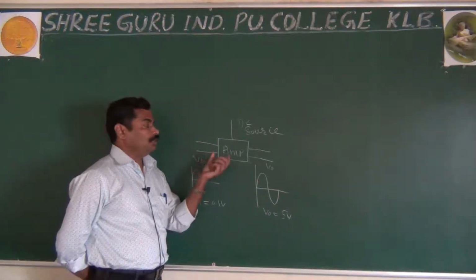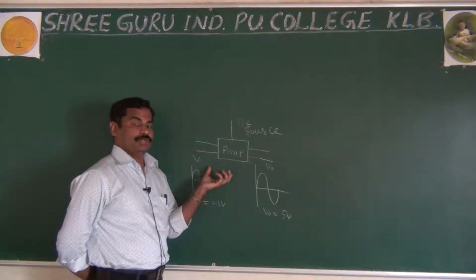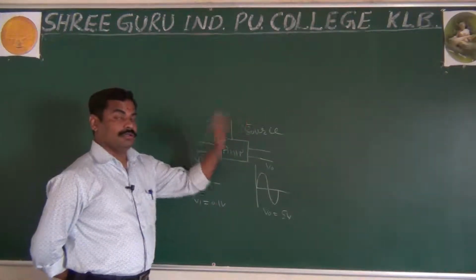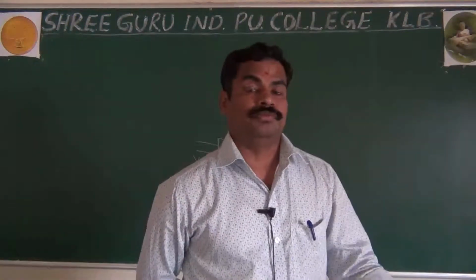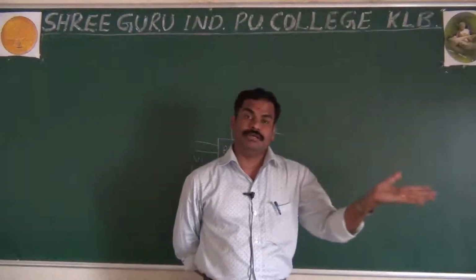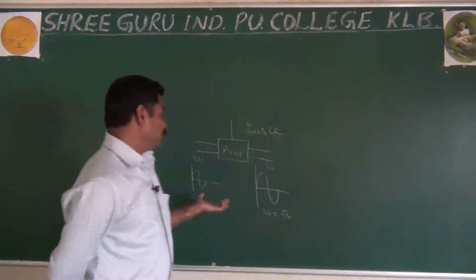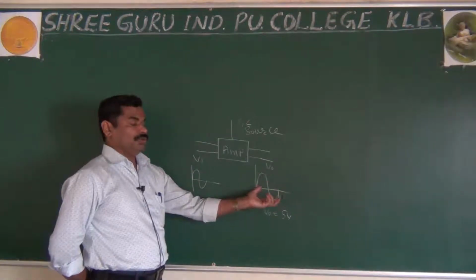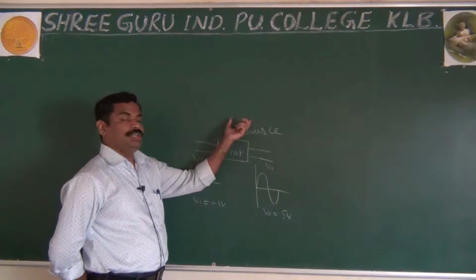According to the conservation of energy, in the case of amplifiers, you are transferring the energy from one form to another form, because the energy cannot be created or destroyed, but we can transfer it. Here also we apply a very low voltage as input, but we get a very high voltage as output. How do we get the high voltage as output? That is because of the DC source.